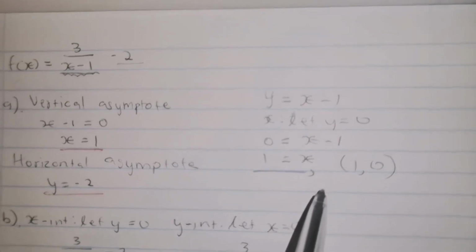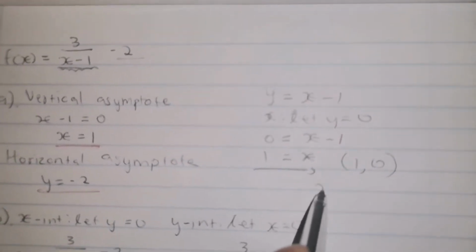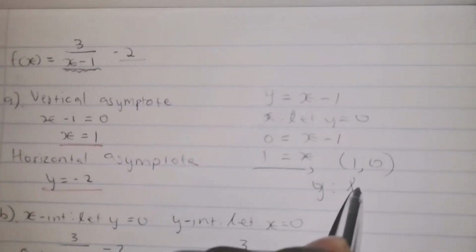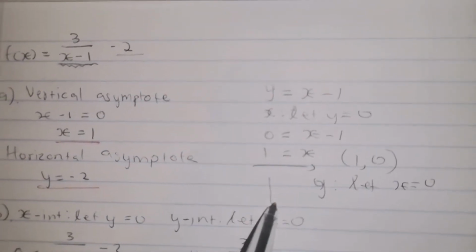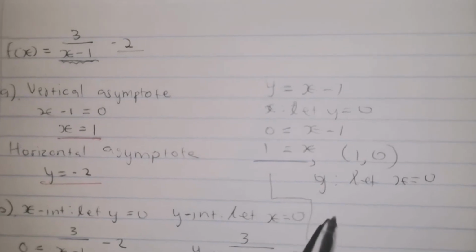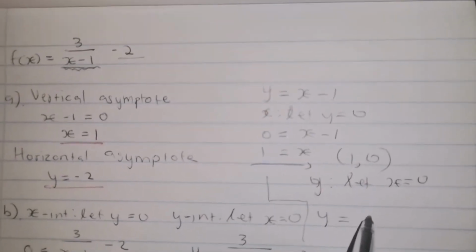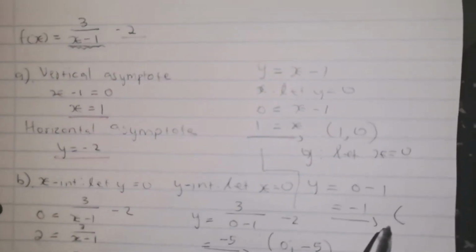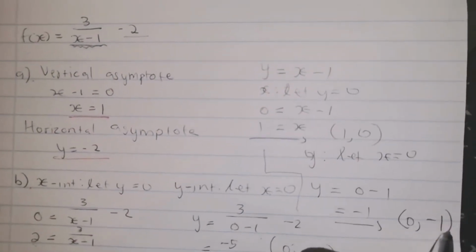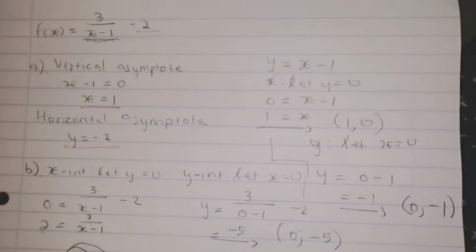Then for the y-intercept, we let x be equal to 0. Then 0 minus 1 is equal to negative 1. Then we have 0 and negative 1. Let's just plot those two coordinates.